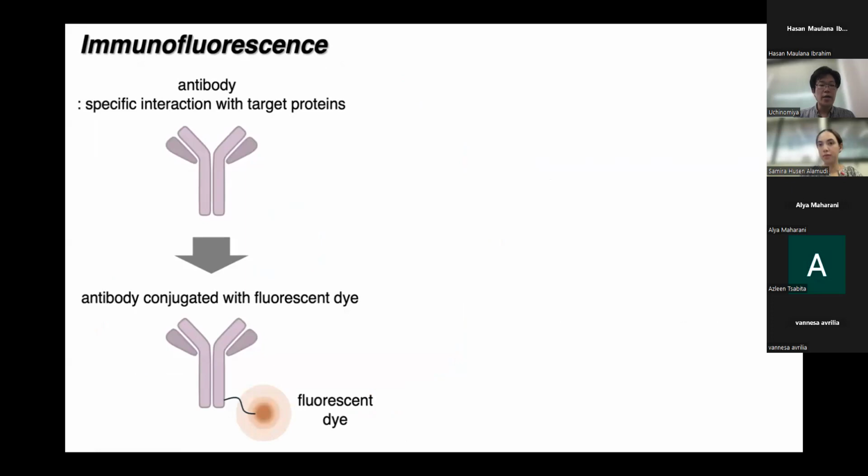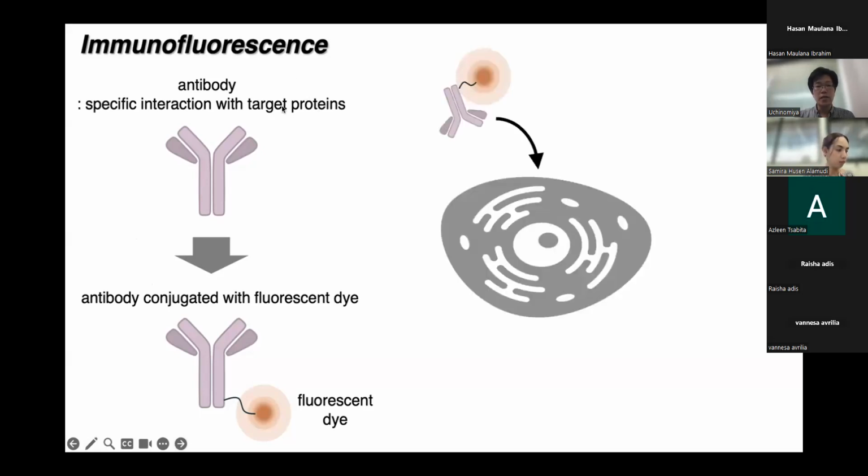So last time I explained about the immunofluorescence technique. In this technique, researchers use an antibody. This antibody is a protein that specifically interacts with the target protein inside the cell. So researchers use the antibody conjugated with fluorescent dye, and this antibody conjugated with fluorescent dye is added to the cell.